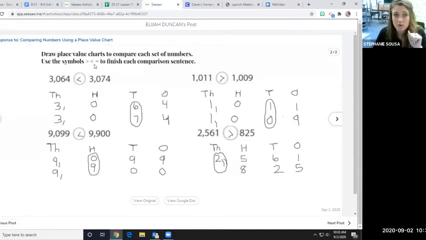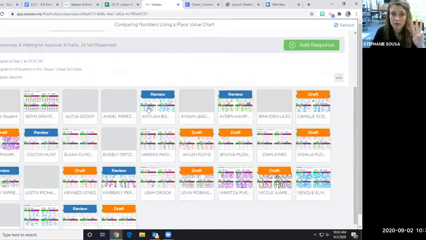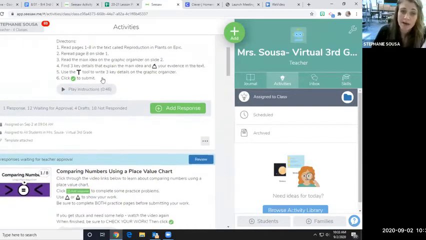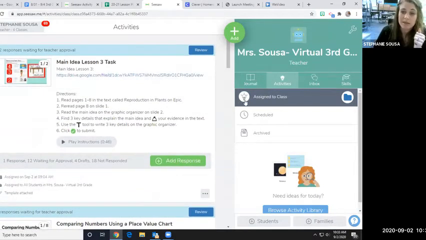Use the symbols to finish each comparison sentence. First one, draw place value charts to compare each set of numbers. There are 2 things for you to do there. A lot of you skipped this first one. Draw the place value charts. You've seen 3 examples. A lot of you got this work back because you didn't finish that part of it. So finish that up today so that I understand you get what a digit and a place value means.